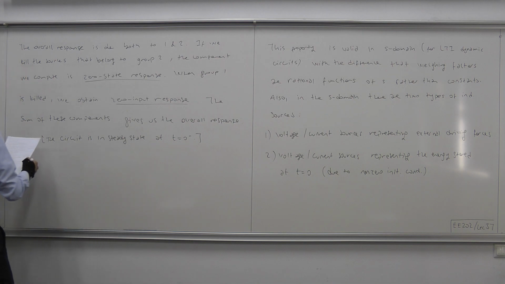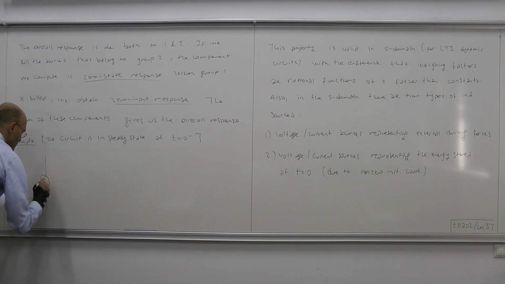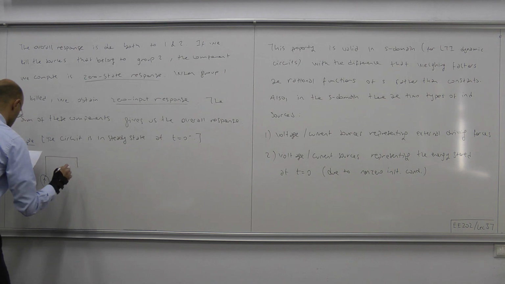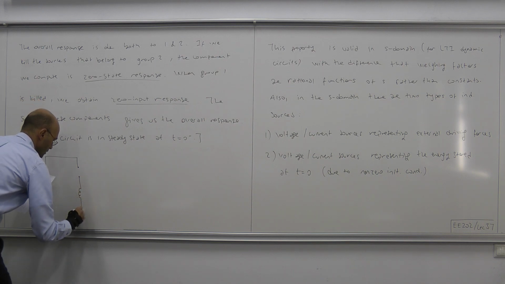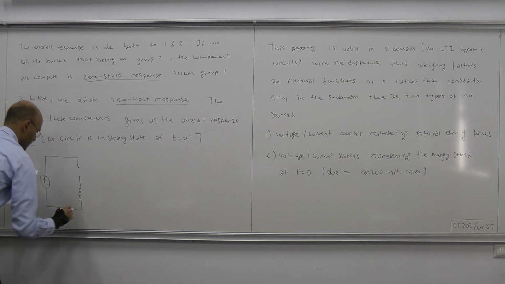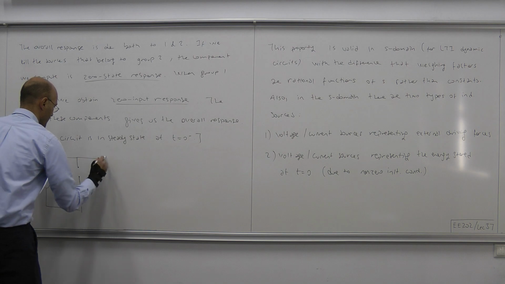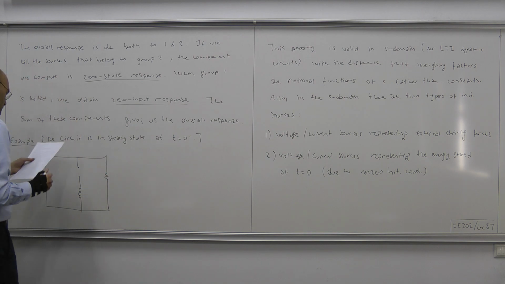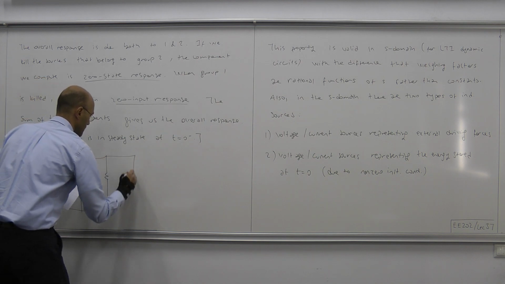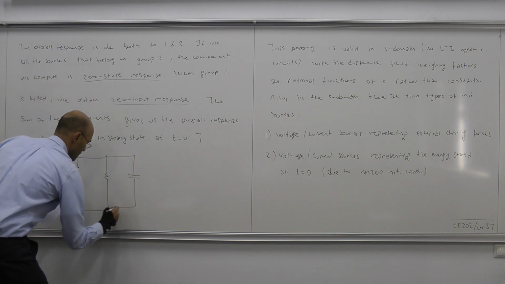Okay, now this is the circuit. We have a constant current source, we have an inductor, a resistor, and a capacitor.